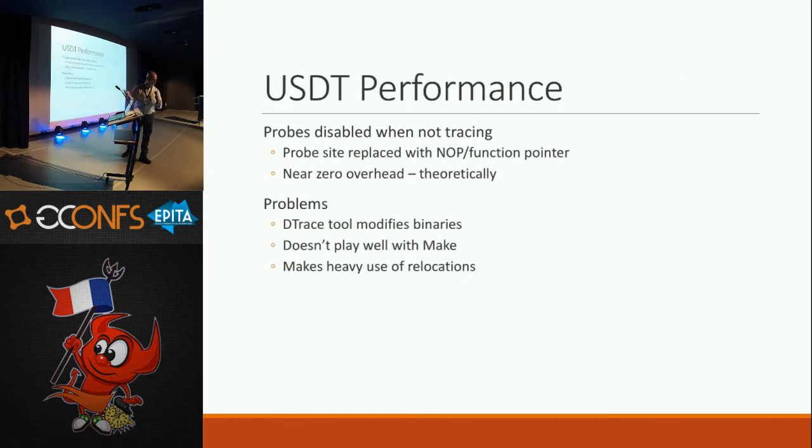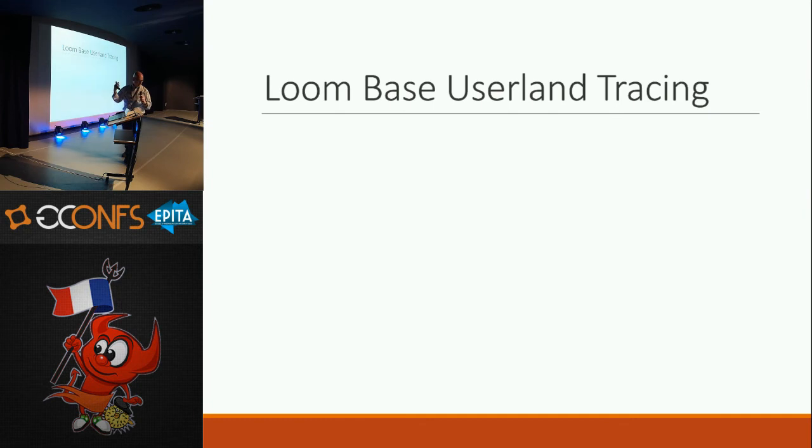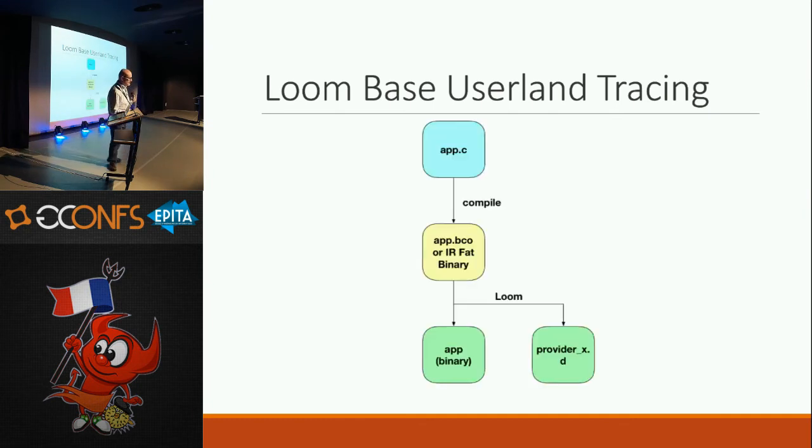So we're adding this Loom-based userland tracing, where we just take a simple C file, we use the compiler to generate the fat binary, and then we ship the app, and then we can actually have a provider.d file that can be modified later in the field, and Loom will actually weave them together to do tracing.